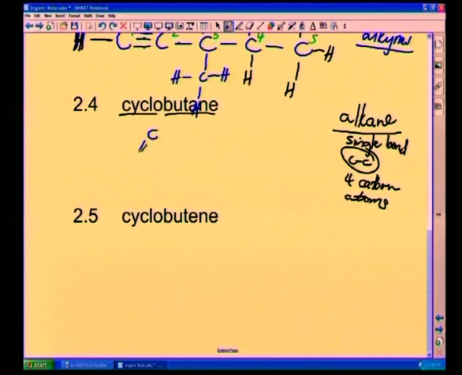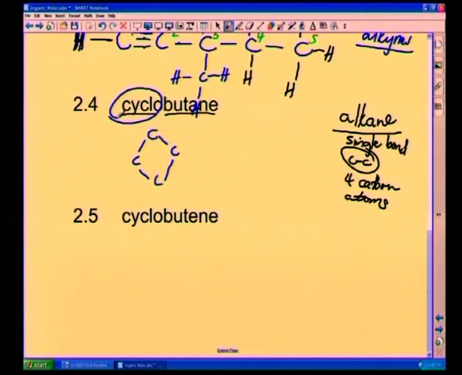I'll have C to C to C to C, and that will be a bond there. So I've got single bonds between carbon atoms. So that is what I have. It's a ring, cyclo, a ring.